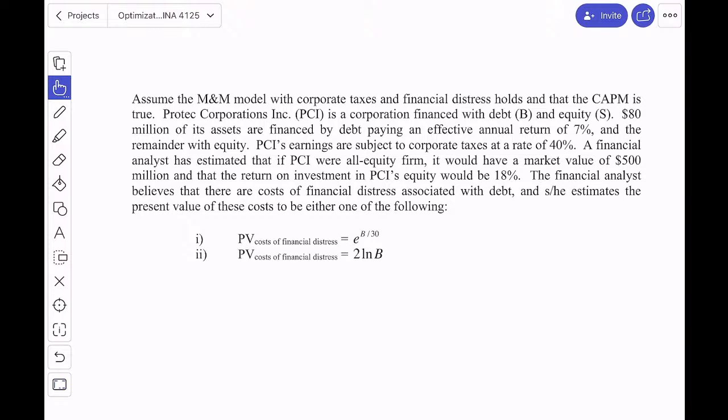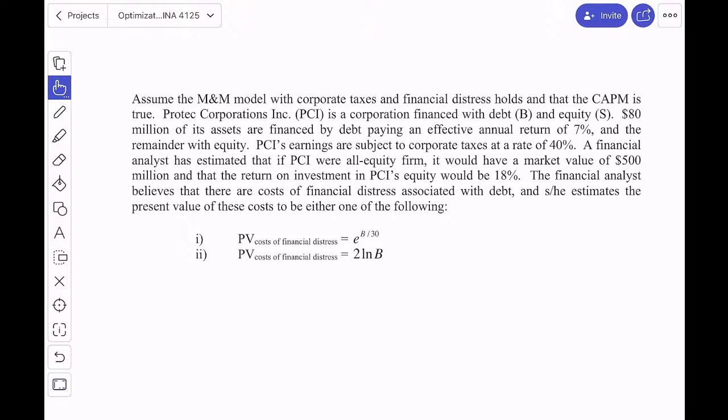Okay, now, assuming the model with corporate taxes and financial distress, so we're in case 3, and that CAPM is true. Protect Corporations Incorporated is a corporation financed with debt and equity. $80 million of its assets are financed by debt, paying an effective annual return of 7%, and the remainder with equity.